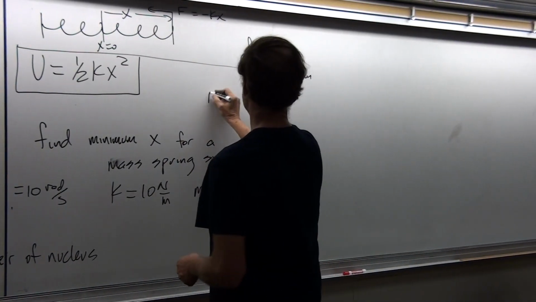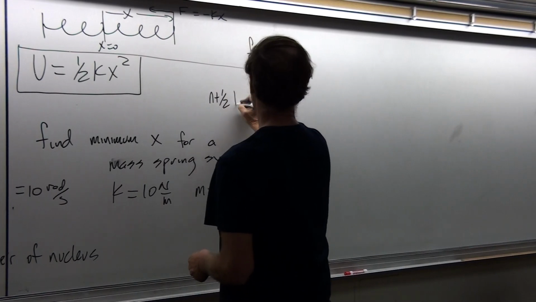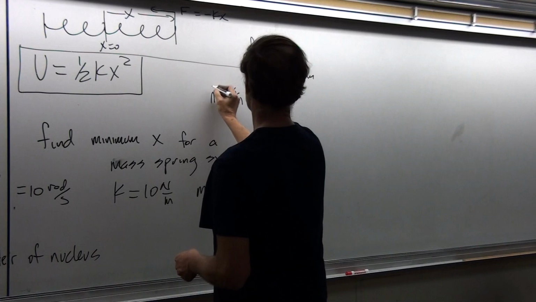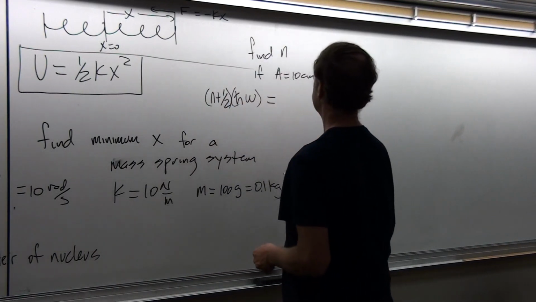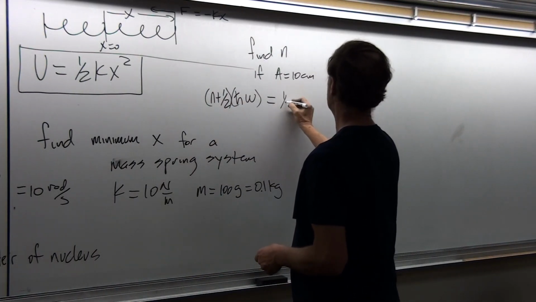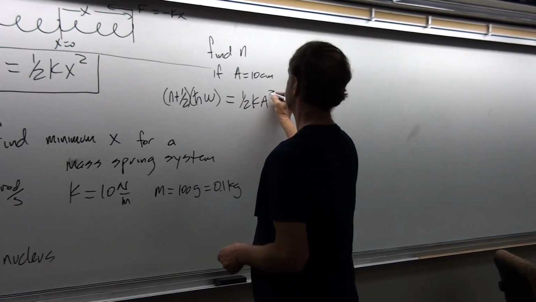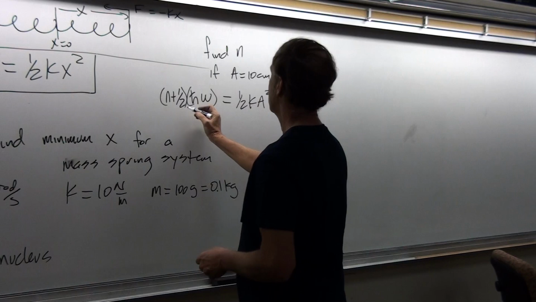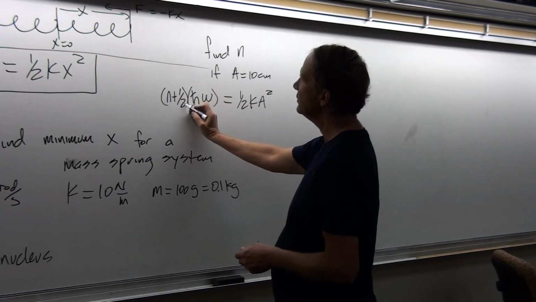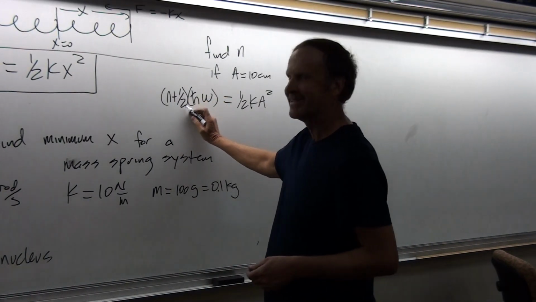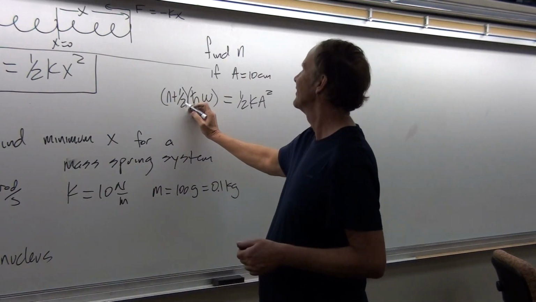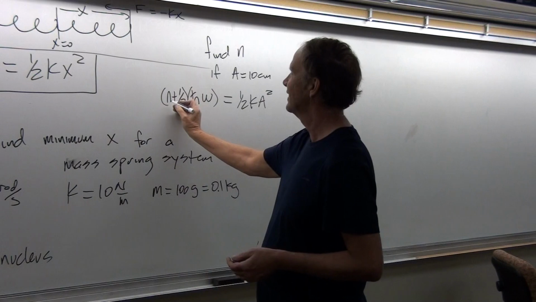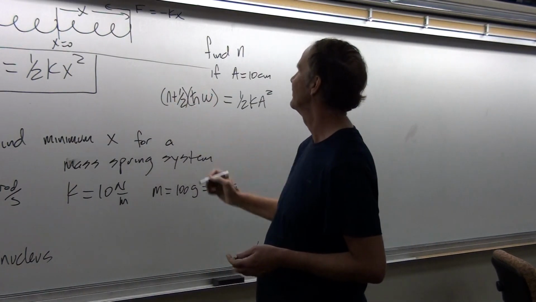Okay, well, then we could write n plus 1/2 h bar omega. That's our E of n value. It's equal to 1/2 k times A squared. Okay, and so here, n is going to be a huge number in comparison to 1/2. It's going to be somewhere on the order of 10 to the 30th power or something. So I'm just going to throw the 1/2 out because it's 10 to the 30th some power plus 0.5.